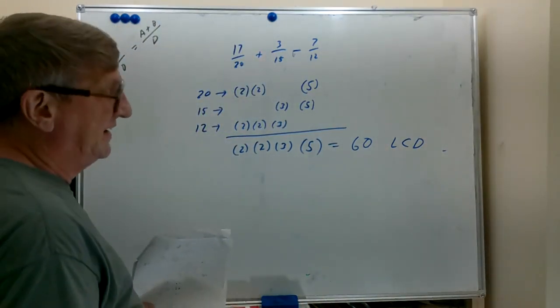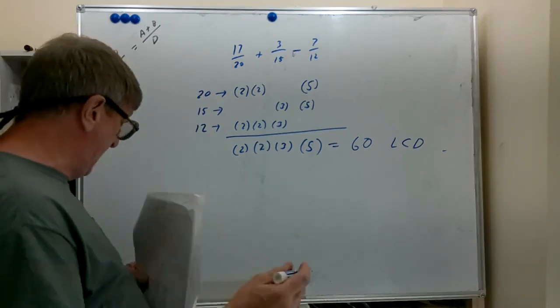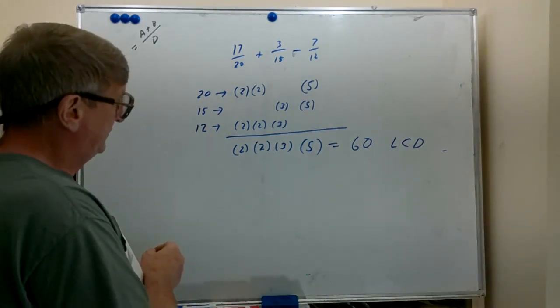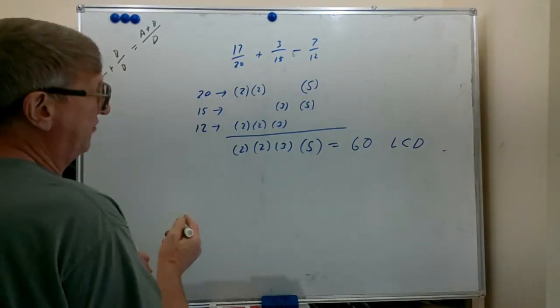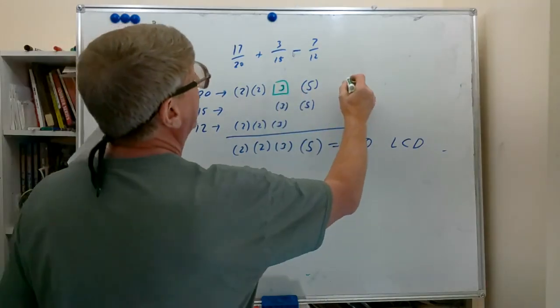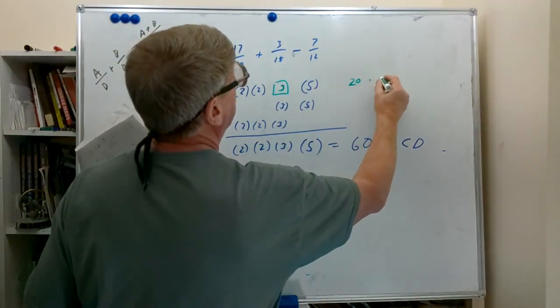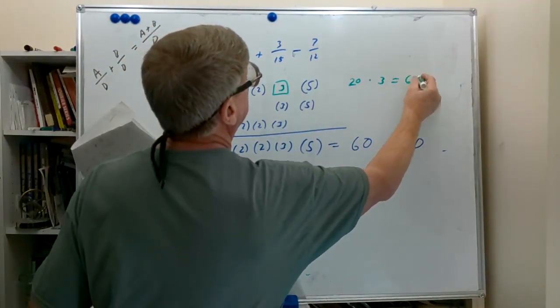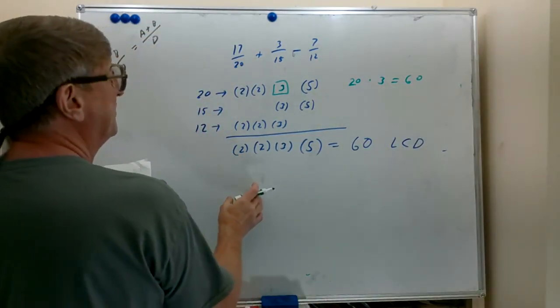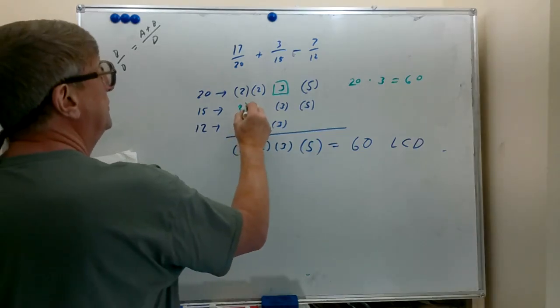And now we want to find out what we have to multiply by to convert each of these into 60. Well, you can see the missing factor in the 20 is the 3. And in fact, 20 times 3 equals 60. The missing factor in the 15 is 2.